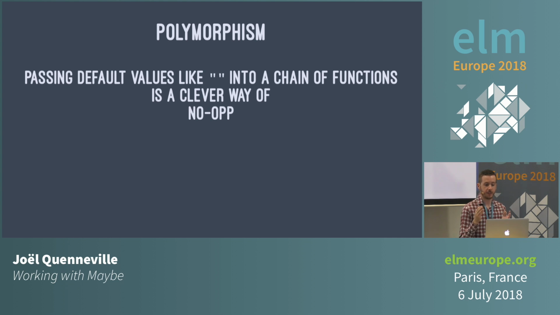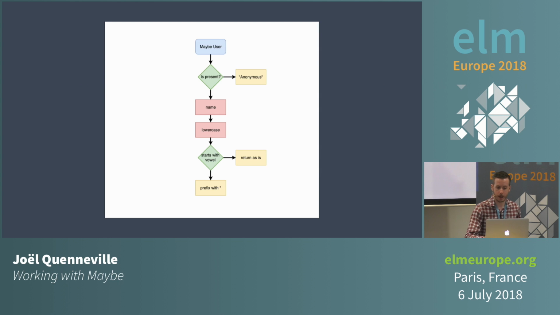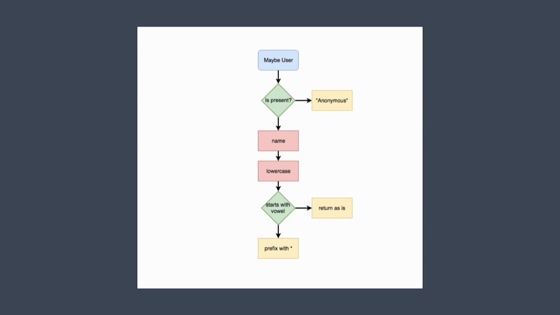So passing a default value like empty string is kind of trying to be clever and trying to force a single path through our logic, and it's kind of a clever way to no-op. So instead of stopping and doing that first check and saying, well, if they're not present, skip and immediately do anonymous, we're trying to go through the full chain with this sort of dummy value that's the empty string.